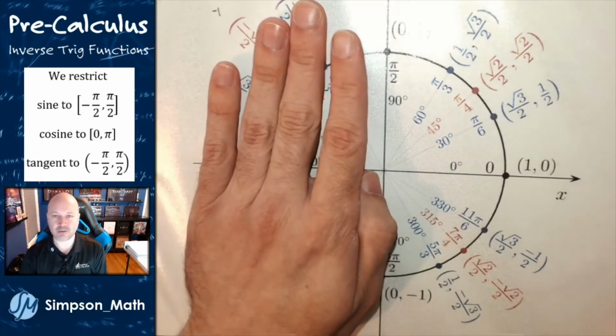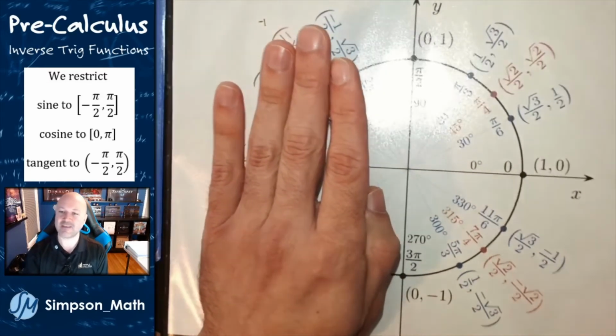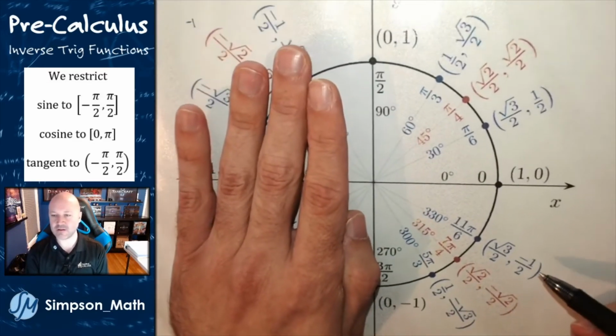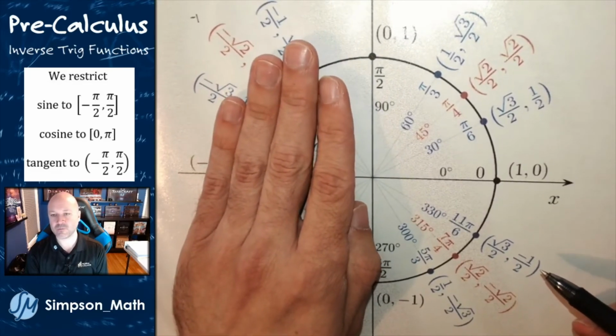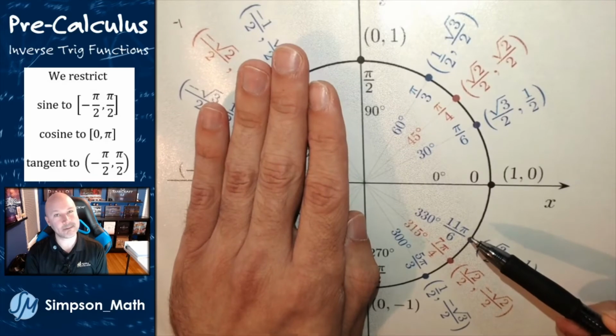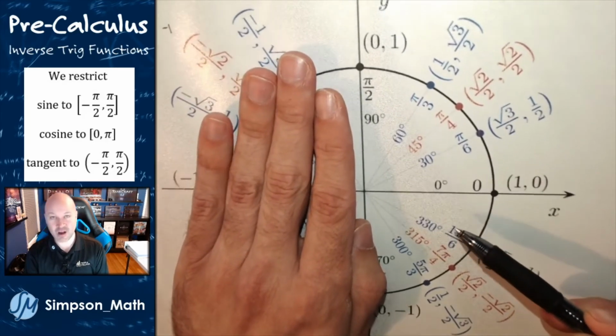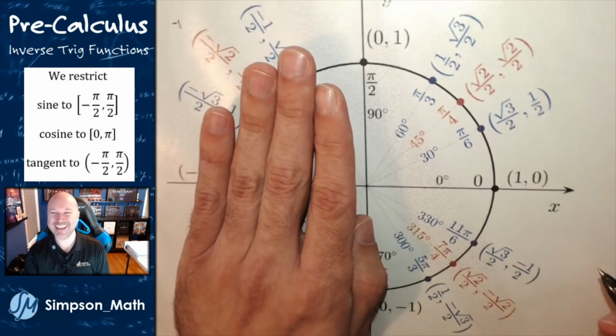I'm not talking about those two quadrants. I see a sine value of negative 1/2 sitting right here. So what's the angle? If you said 11pi/6, you're wrong. Let's try that again.